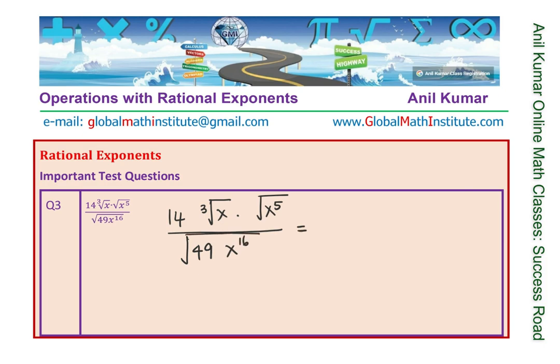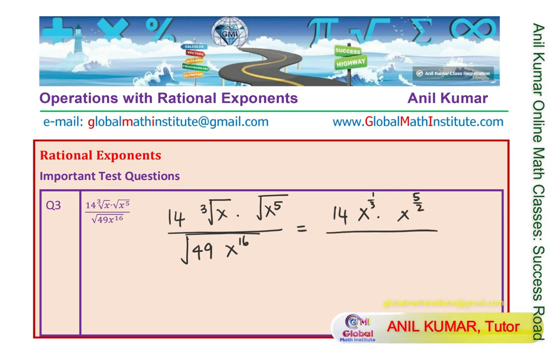Okay. So 14, and here it is x to the power of 1 over 3, right? Times x to the power of 5 over 2. And square root of 49 is 7. And that of 16 is x to the power of half of 16, which is 8.